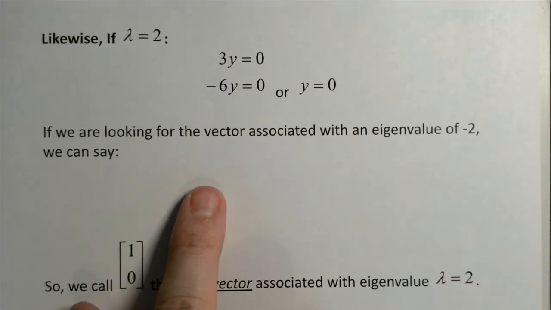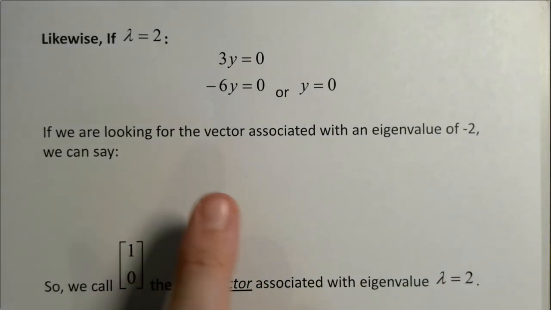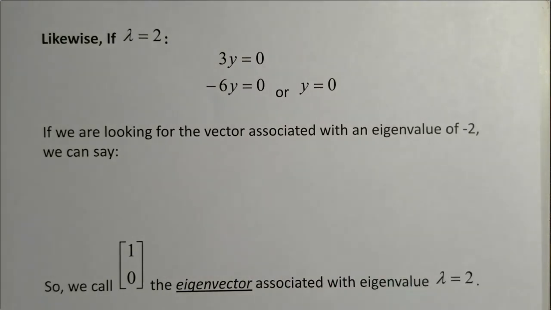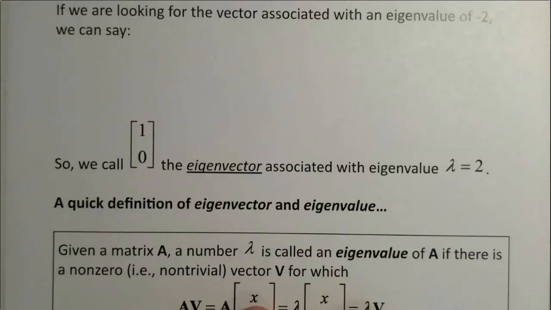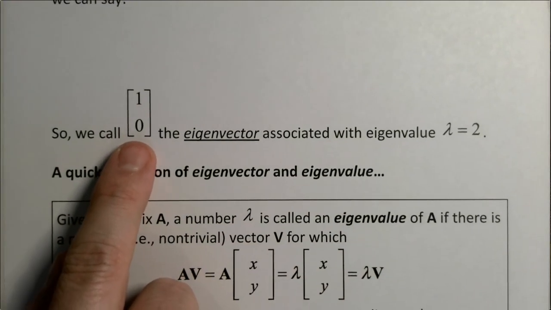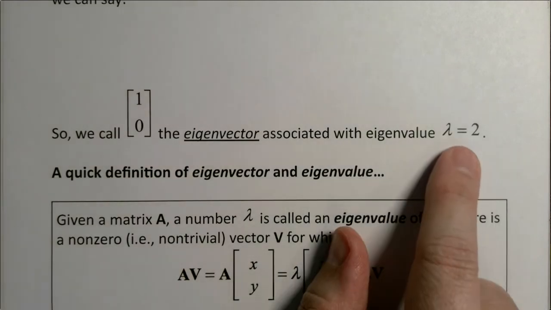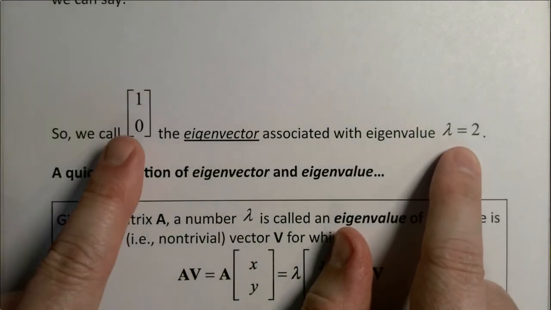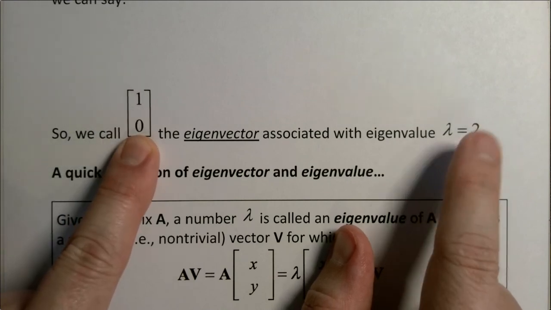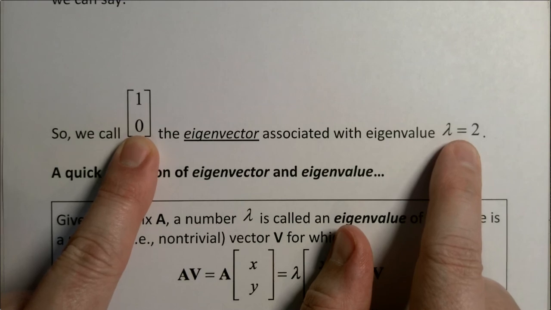So if we're looking for a vector associated with an eigenvalue of 2, we could say, oh, we did that on the previous page. So this thing that we found is called the eigenvector associated with lambda equals 2. So this is saying go right 1, go up 0.